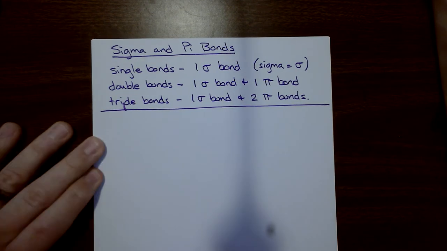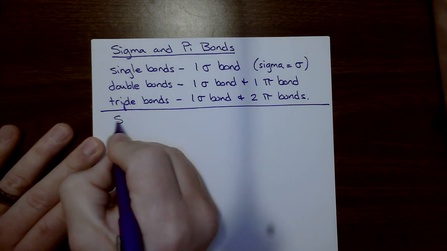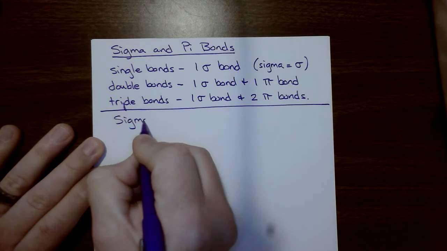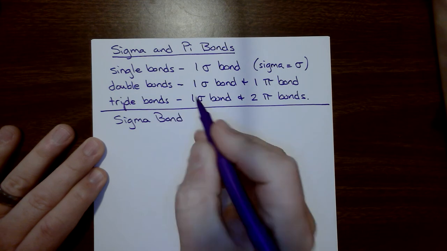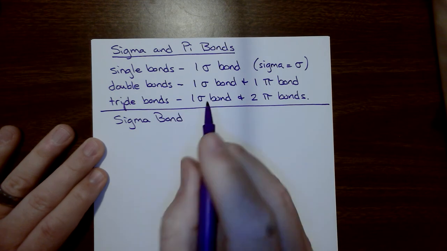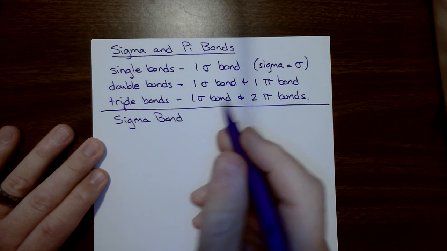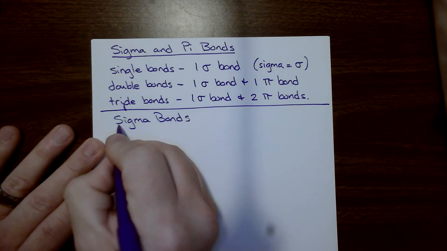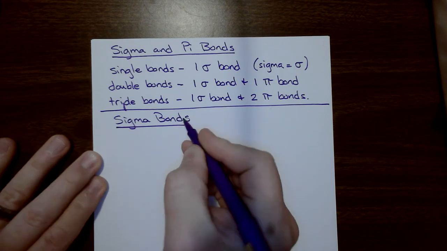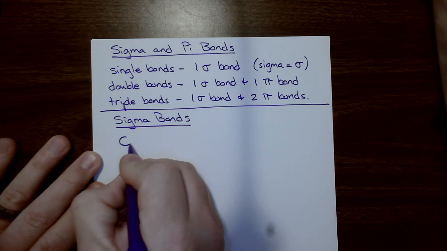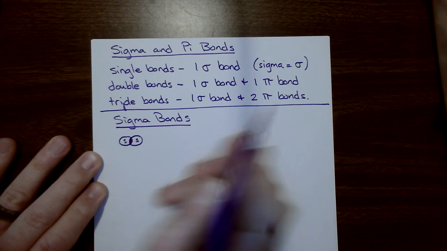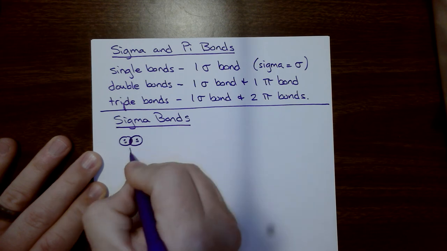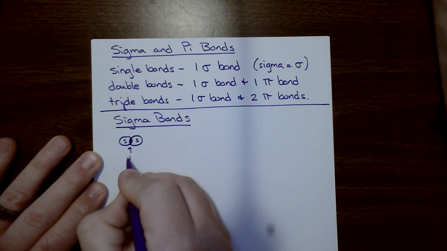Okay, so sigma bonds occur in overlap of s orbitals or s and p orbitals or hybridized orbitals. So we can have two s orbitals overlap. So that's an s and an s, and that overlap right there is a sigma bond.